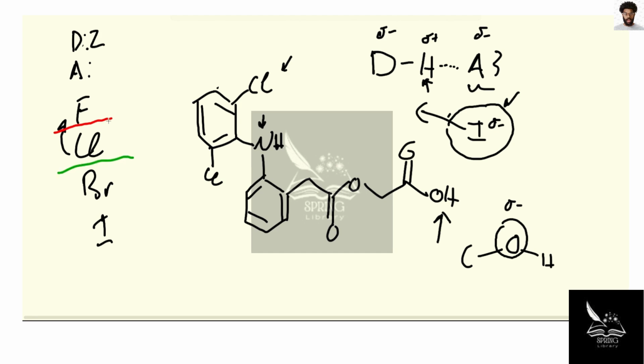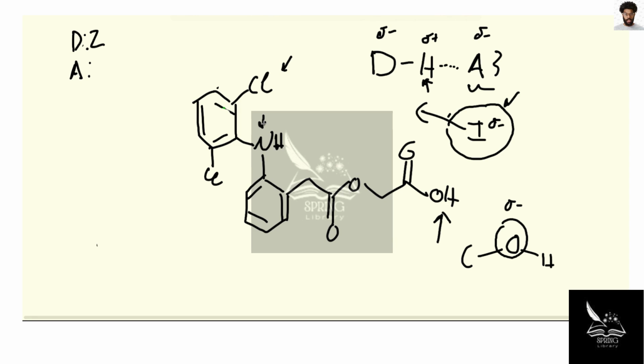So check with your teacher. But in this case, we will not consider chlorine to be a hydrogen bond acceptor, despite the fact that compared to the carbon it's attached to, it is partially negative, but it's just too large to be an effective hydrogen bond acceptor.